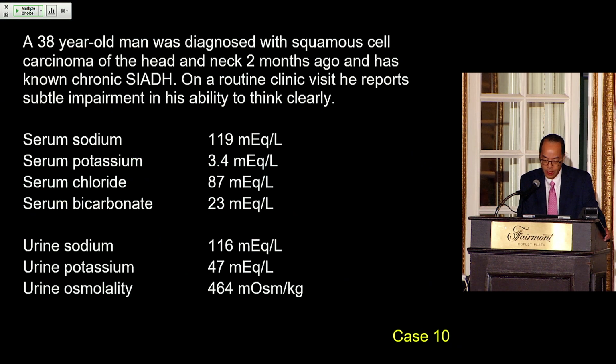Okay, next case. 38-year-old man diagnosed with squamous cell carcinoma of the head and neck 2 months ago and has known chronic SIADH. On a routine clinic visit, he reports some subtle impairments in his ability to think clearly, and he has a sodium of 119, urine sodium is 116, potassium 47, urine osmolality 464.